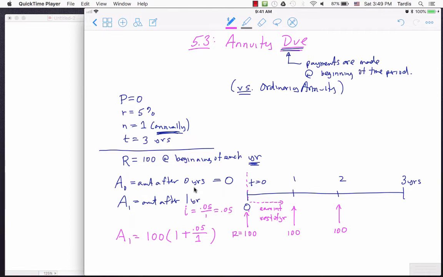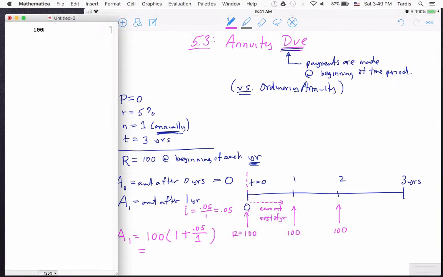Okay, and that $100 you deposited earned interest, and so you're going to have, let me just go to my calculator real quick so I don't make any mistakes here, times 1.05, and that should be $105. And so by the end of the first year, you have $105 in your account.